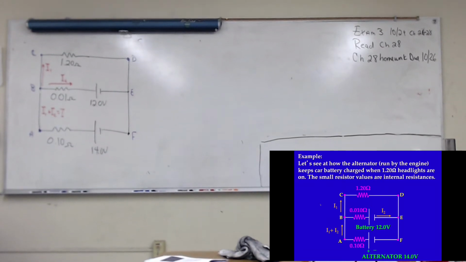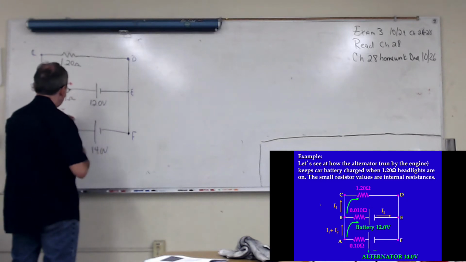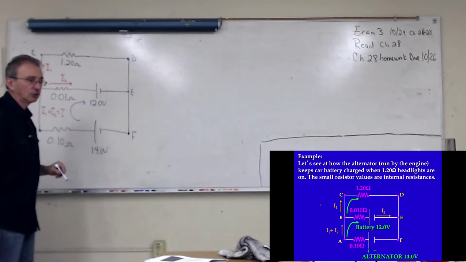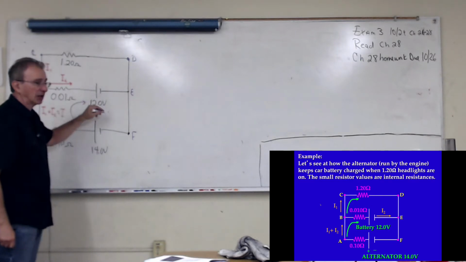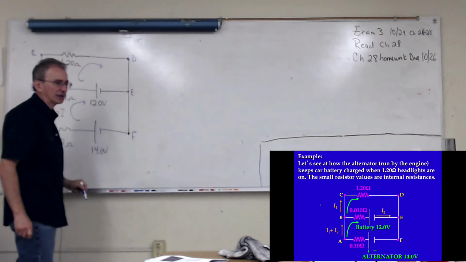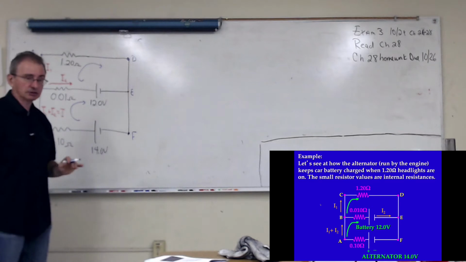These are the currents. What I'm going to do first is choose this loop here, and sum the voltage drops clockwise, and then choose this loop here and sum the voltage drops clockwise. I can go clockwise or counterclockwise. It really doesn't matter.